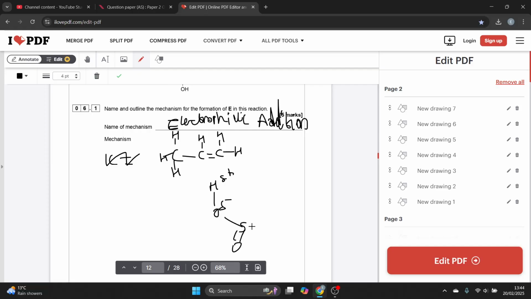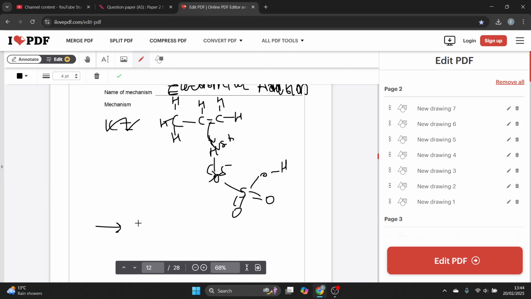S double bond O, OH, double bond to the hydrogen, and then what you've got is this, and the double bond's gone obviously.